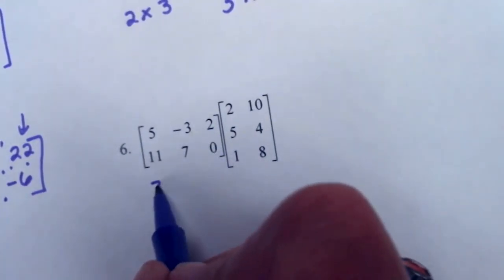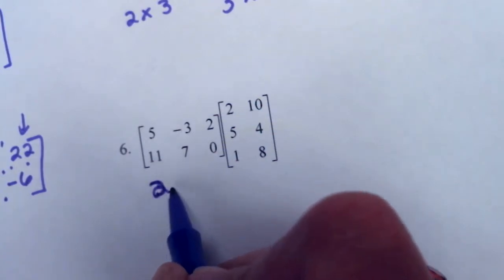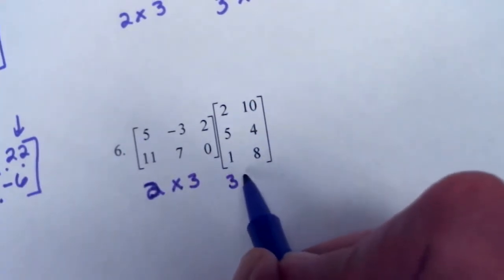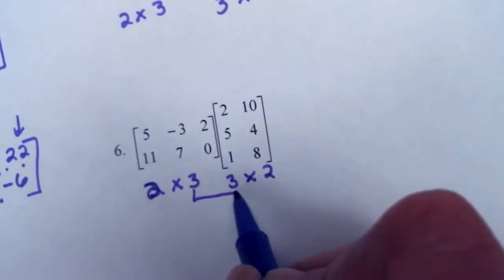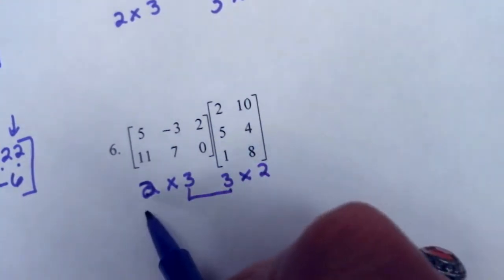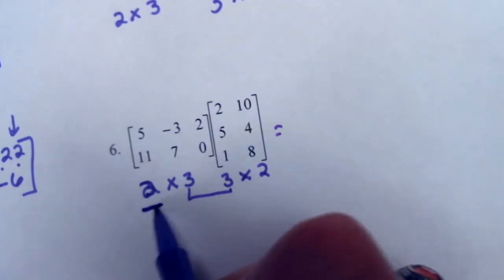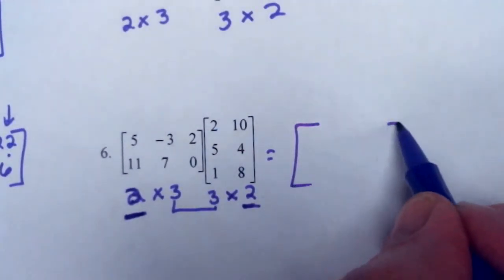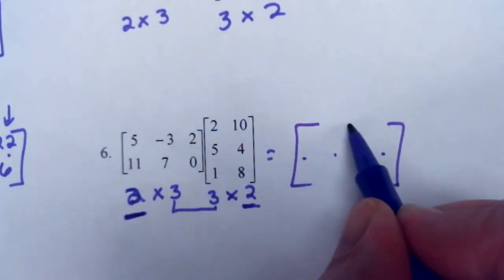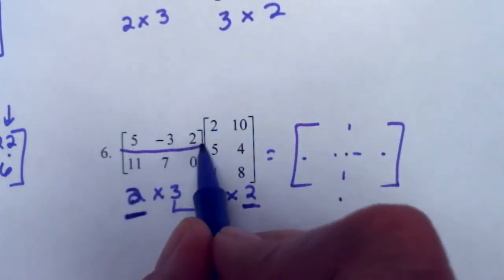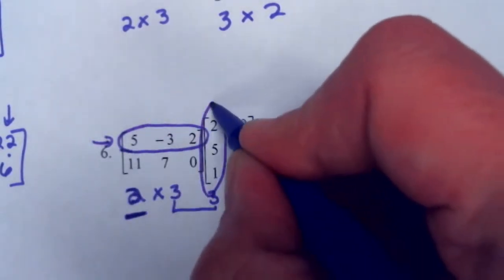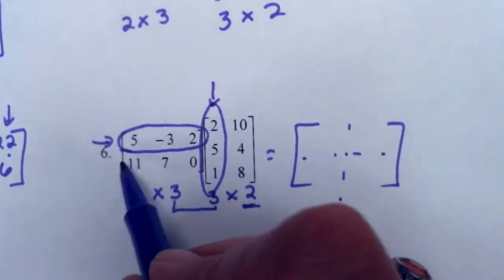So, number 6. We're going to multiply this matrix with 2 rows and 3 columns times one with 3 rows and 2 columns. So the dimensions match, and the result is going to be a 2 by 2. So we can set that up right away, which makes everything a little bit simpler to understand. We're going to combine each row from the first and each column from the second. So 5 times 2 is 10.